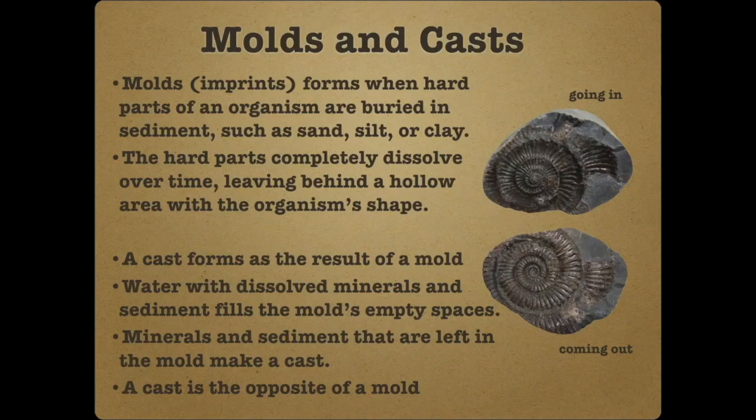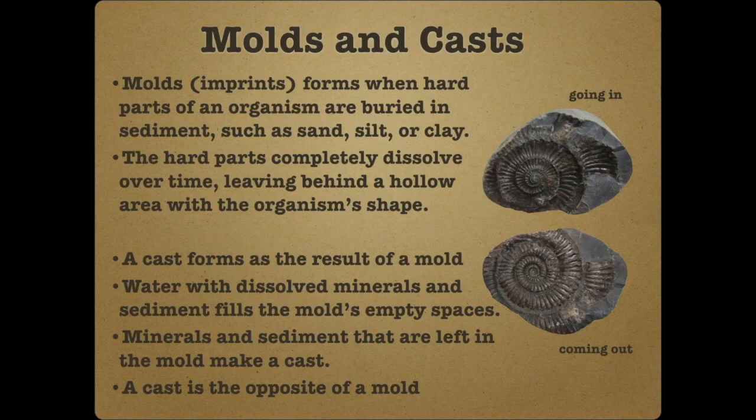Here we have molds and casts. Molds are imprints. These imprints are, like we talked about before, when the sediments lay on top of the organism and squish it down, and then the dead organism makes a pattern inside the ground.